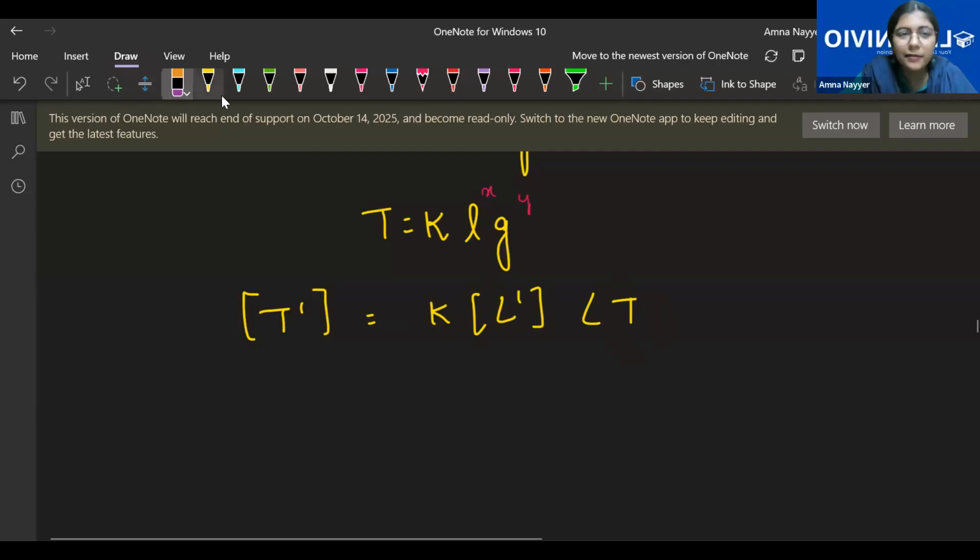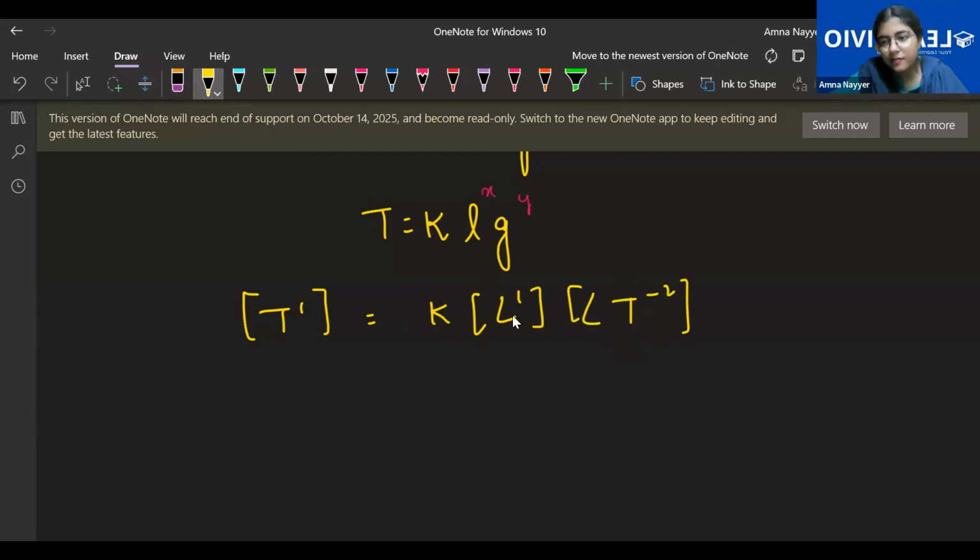Now class, these dimensions, until you practice, you will not understand how I'm writing all these. So for that, basic dimensions should be clear. And many of you are not giving the assignments. Only few students are there who are regularly giving the assignments. Whether they are able to do the questions or not, at least they are trying.